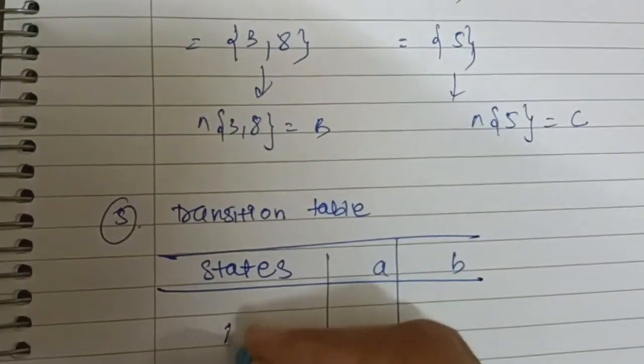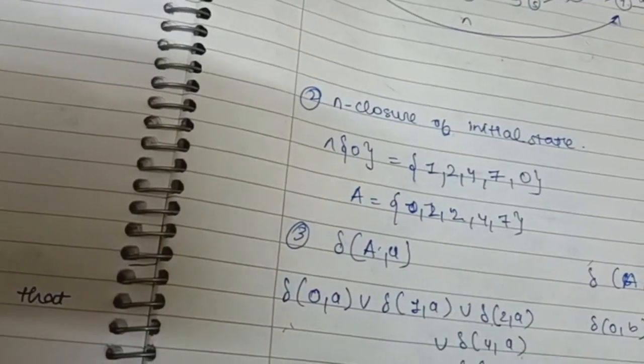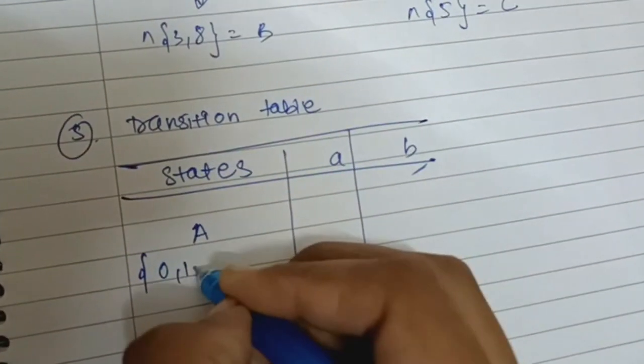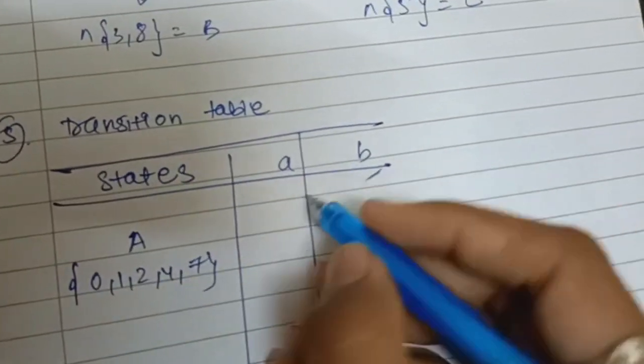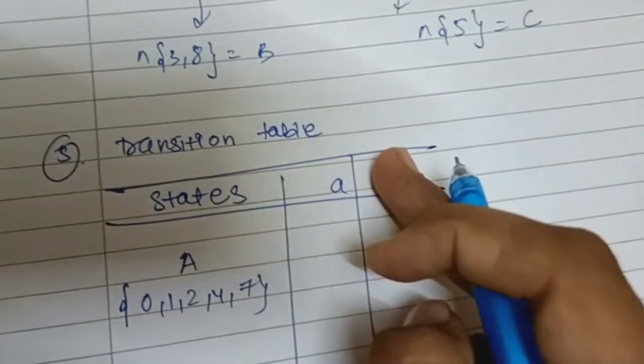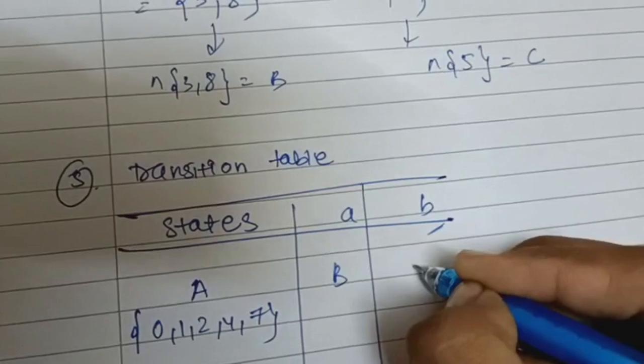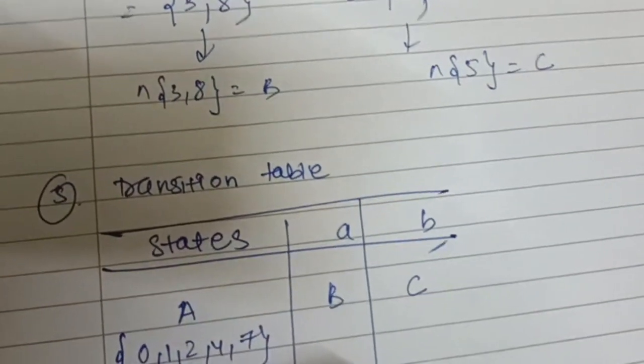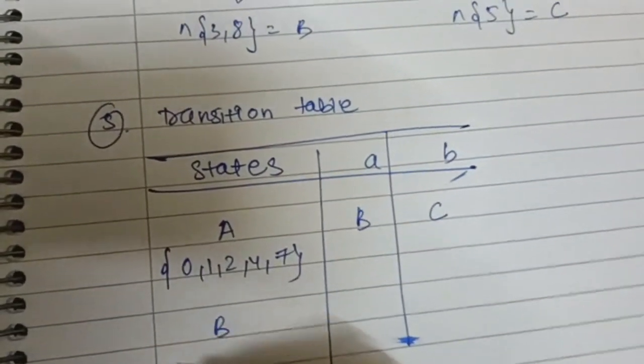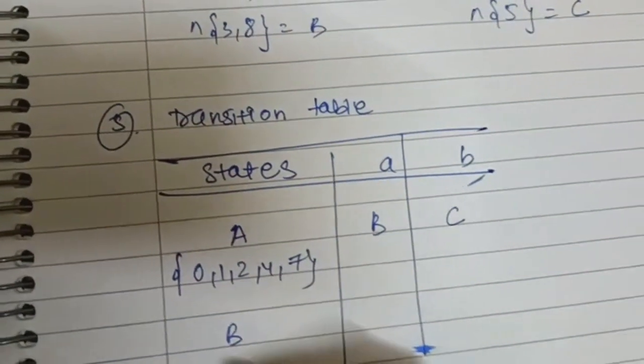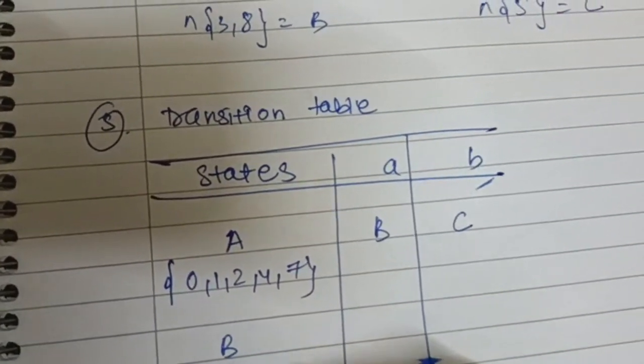So the first state which we got was A. What was A? A was 0, 1, 2, 4 and 7, and the new states which were introduced from the transition function of A were B and C. Then for this B, we had 1, 2, 3, 4, 6, 7 and 8, right?